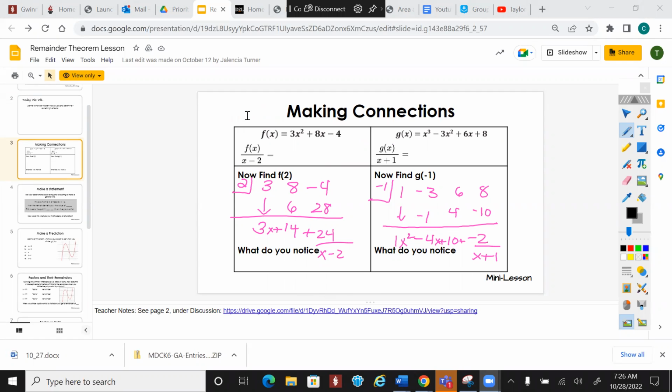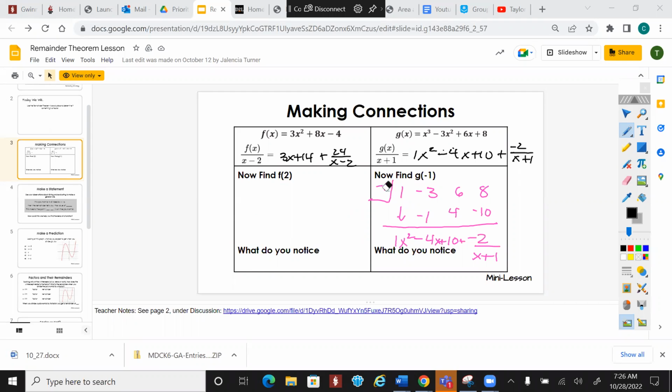We're going to have 3x plus 14 plus 24 over x minus 2. And this one is going to be 1x squared minus 4x plus 10 plus negative 2 over x plus 1. Again, those are from the activating strategy on this paper.